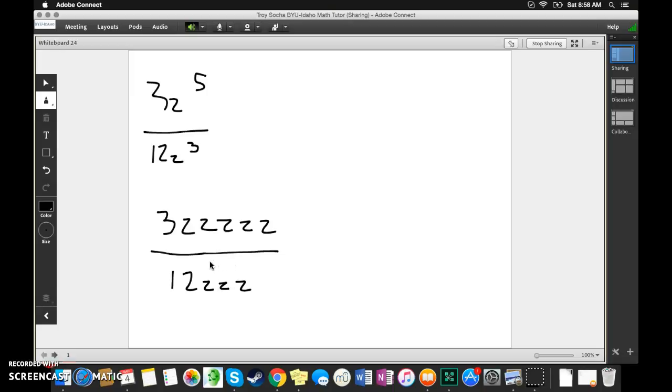So now we know we can look at this. 3 doesn't divide by 12 nicely, but 12 divides by 3. We get 1 over 4 so far. Now we need to decide what happens with the z. Because 3 times 4 is 12, that's reducing a fraction.